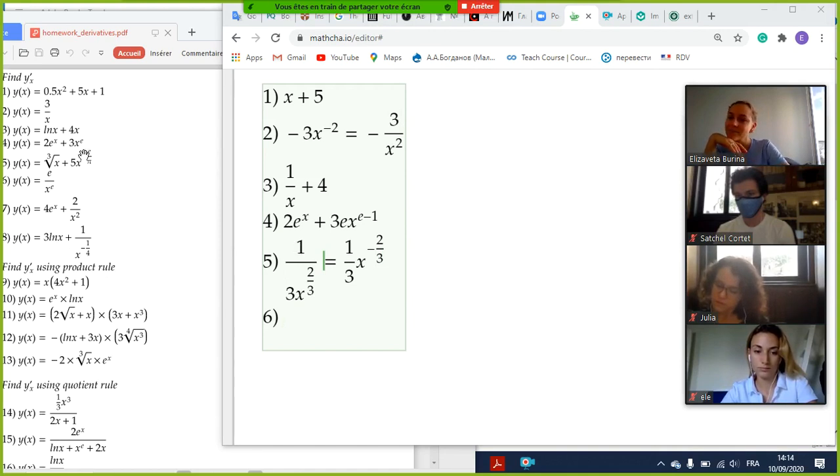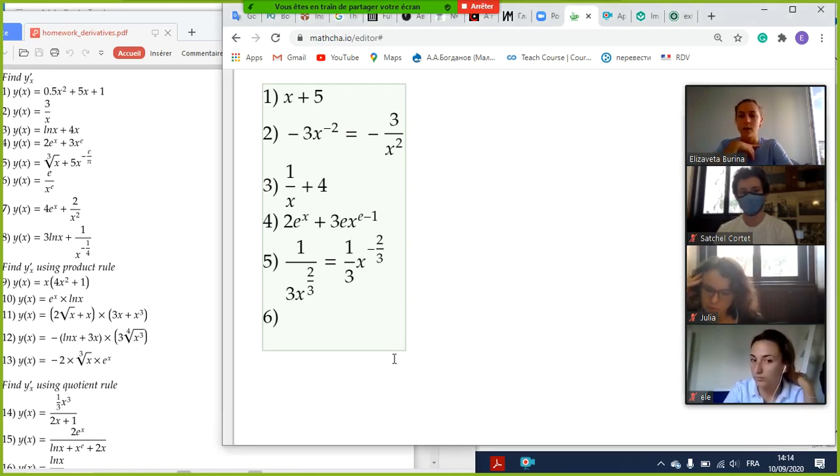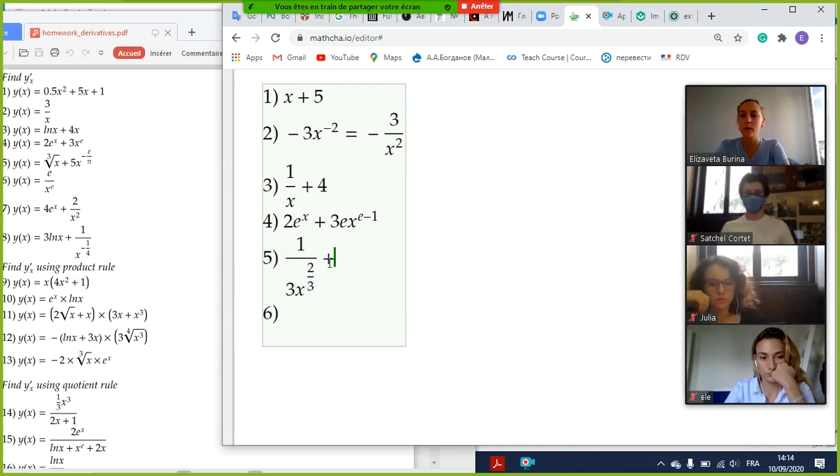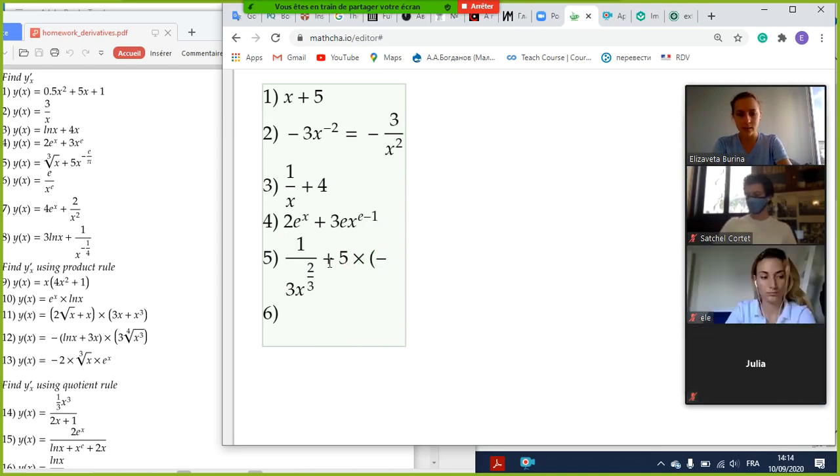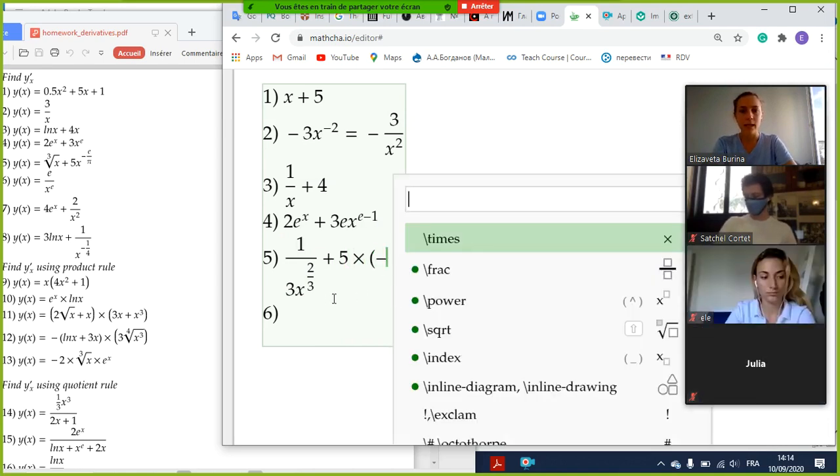We had 5x to the power of minus e over pi. Very ugly. So this is the derivative of the first part. Let me keep it this way, right? And then we were supposed to write plus. Okay, step by step here. 5 times minus e over pi.